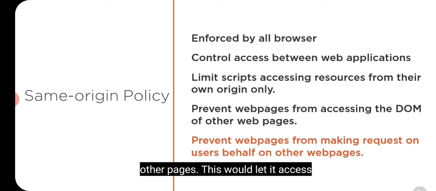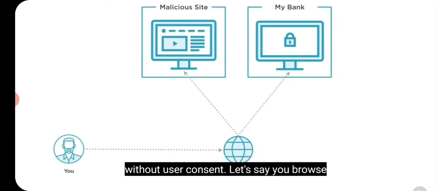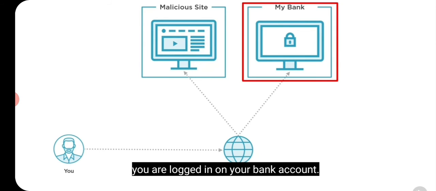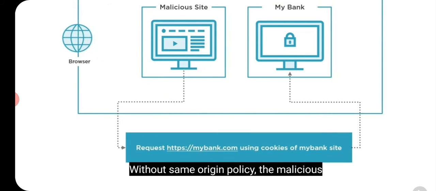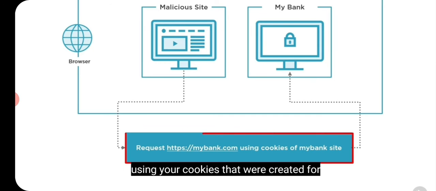This would let it access potentially sensitive data from other web pages as well as perform actions on them without user consent. Let's say you browse a malicious website while at the same time you are logged in on your bank account. Without Same Origin Policy, the malicious website could make authenticated calls using your cookies that were created for your bank's site, even though it does not have access to them.